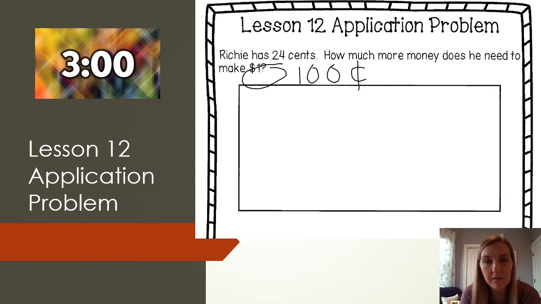Okay. Doing the best you can, draw a picture, a number sentence, and words to explain your thinking. You have 3 minutes to solve this on your own. If you get done early, you can move forward to the next slide to check over your work. You may begin working.